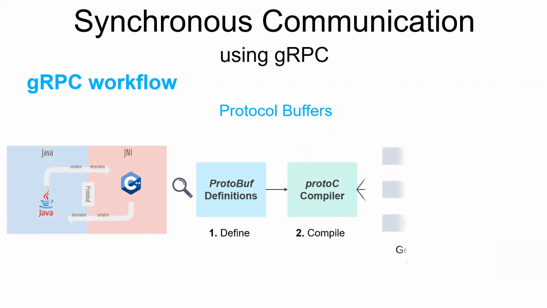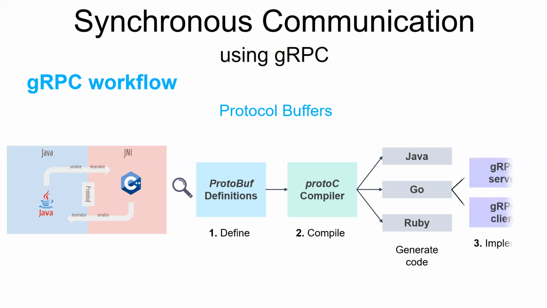We specify how we want the information we are serializing to be structured by defining protocol buffer message types in proto files. Each protocol buffer message is a small logical record of information containing a series of name-value pairs. Then we use the protoc compiler to generate data access classes in our preferred language from our proto definition. After that, we implement the gRPC client and server.